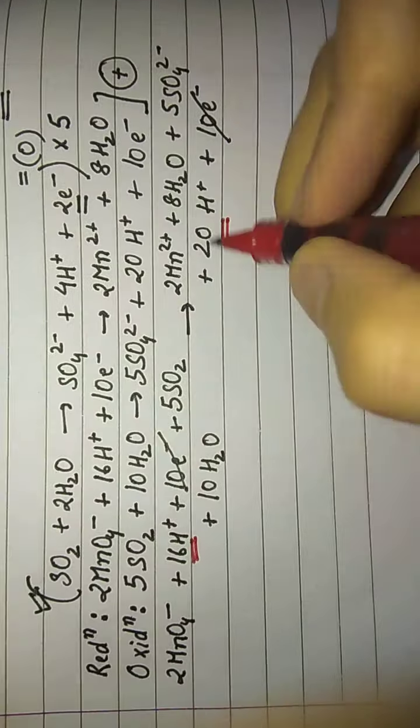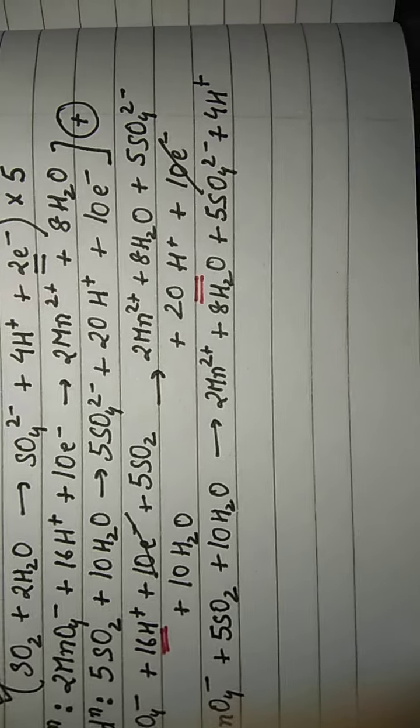So it will be 2MnO4⁻ + 5 SO2 + 10 H2O giving 2Mn²⁺ + 8 H2O + 5 SO4²⁻, and now 20 minus 16 will be 4, so + 4 H⁺.